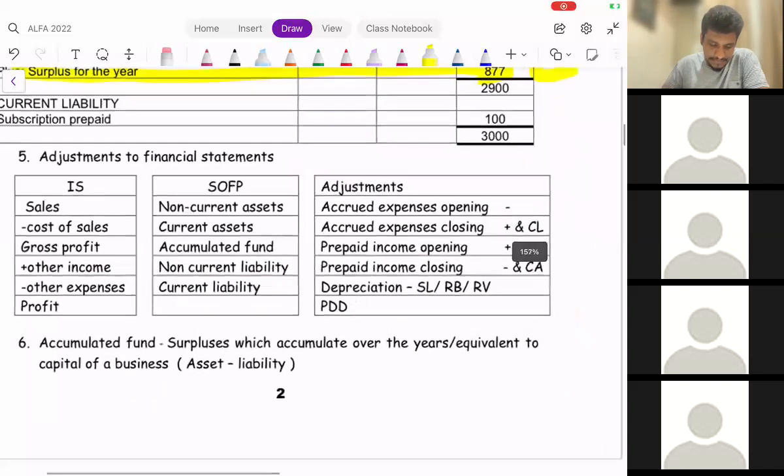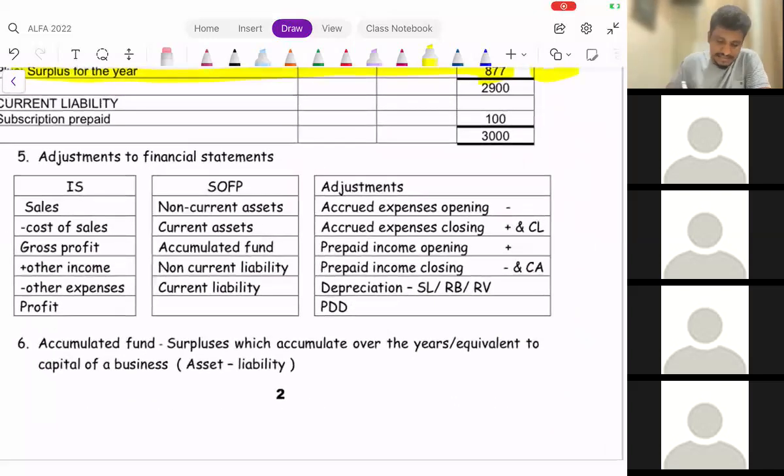Then the adjustments for the financial statements, I think you will know this already. Accrued opening we minus. Accrued closing we plus, and it's also your current liability.